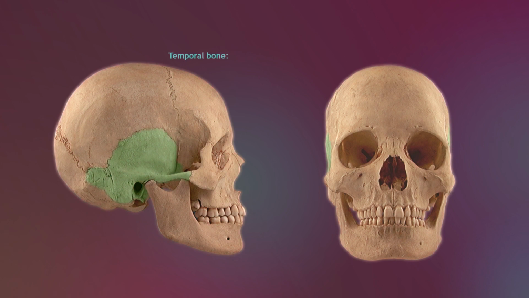On the temporal bone, let's recognize the squamous part. This is the large, flat, scale-like area on the side of the skull. The zygomatic process. This is the anterior lateral projection that forms the bulk of the zygomatic arch.